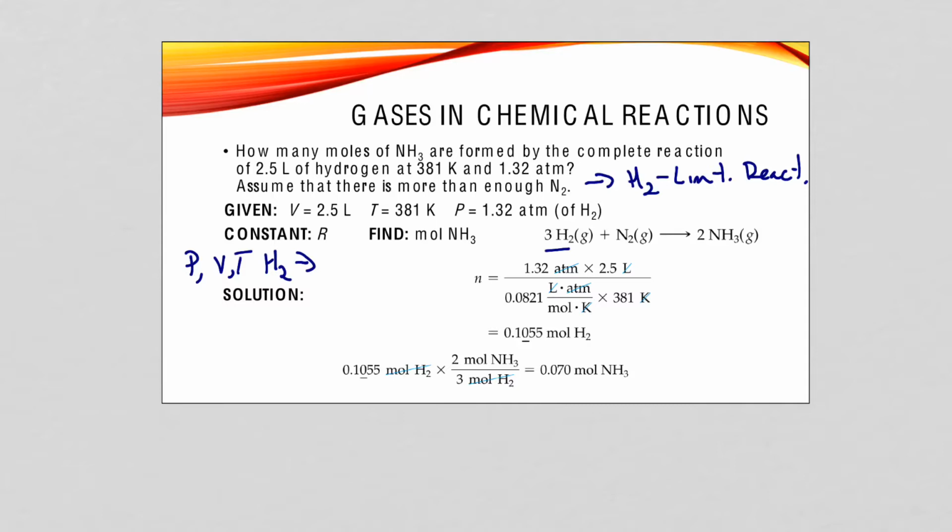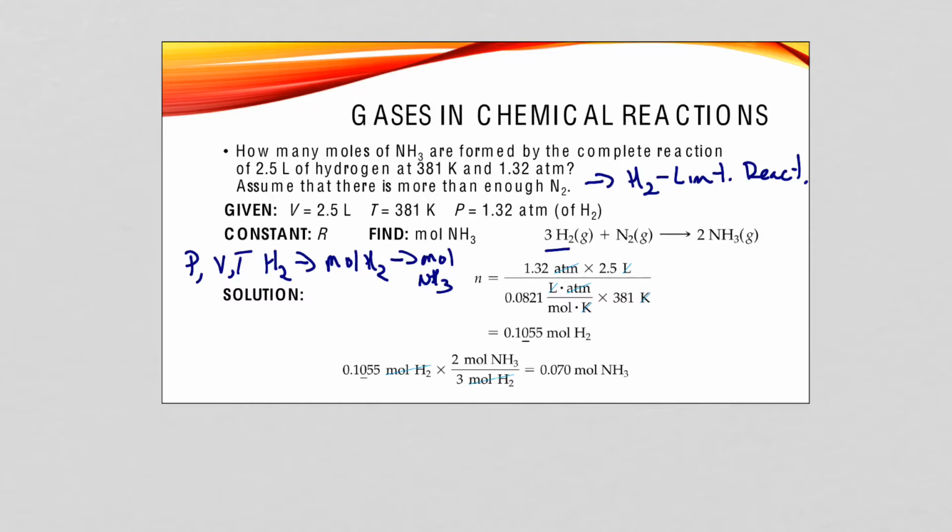But before we can do that, we have to get to moles of hydrogen. Then we can get to moles of ammonia. Notice, we're not asked to go any further than that. In this particular problem, we're just doing the first 3 steps of our process.